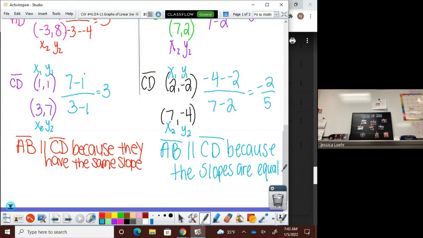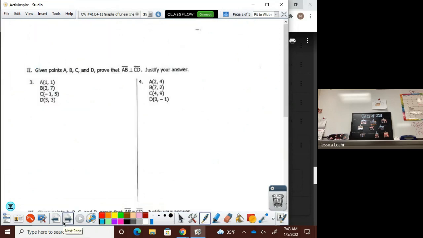Questions about the first page? Okay, we can flip to the next page, while you're done copying. The next page, very similar, except now instead of proving parallel, you're proving perpendicular.